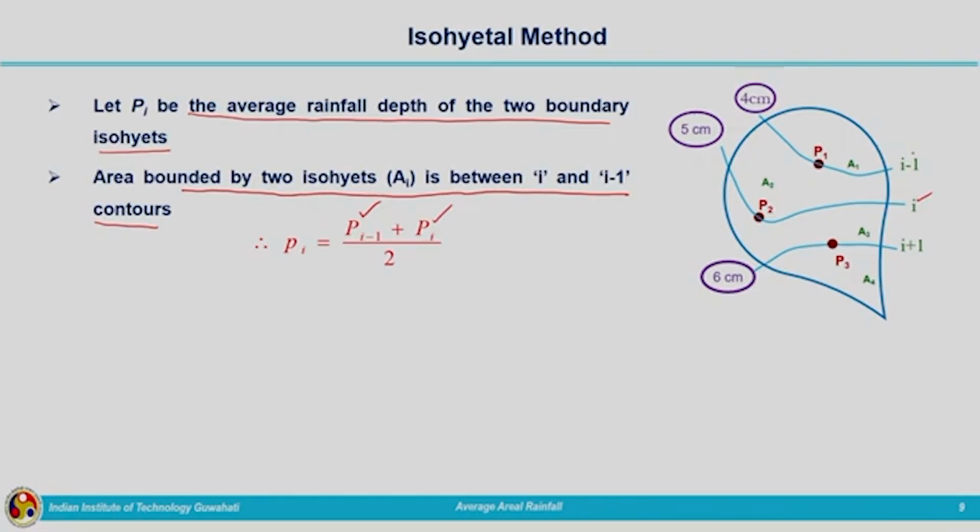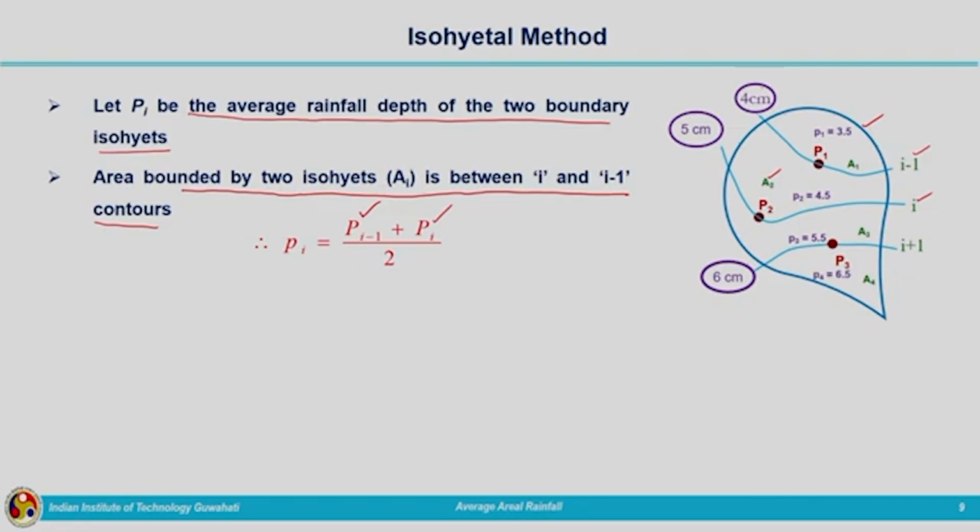So, 4 centimeter rainfall is there in the i minus 1th isohyet, and the ith isohyet is representing 5 centimeter rainfall, and within this area A2 we will be having an average rainfall of 4 plus 5 divided by 2, that is 4.5 centimeter rainfall. So, P1 in the first region is given by 3.5 centimeter, P2 is given by 4.5 centimeter, P3 is equal to 5.5 and P4 will be 6.5 centimeters.